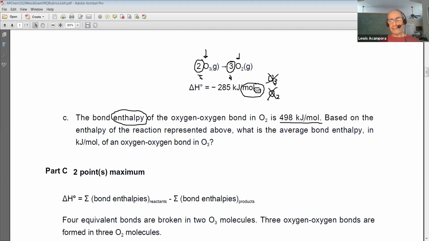And remember that that's a positive number because this is the enthalpy or energy needed to break a bond. I, in fact, usually like to call this the bond dissociation enthalpy. And this is something that always tricks up a good fraction of students when they're asked these questions.